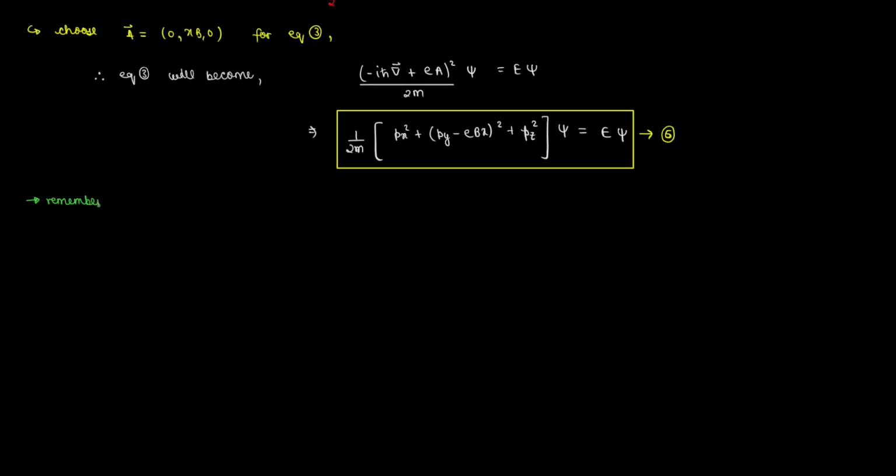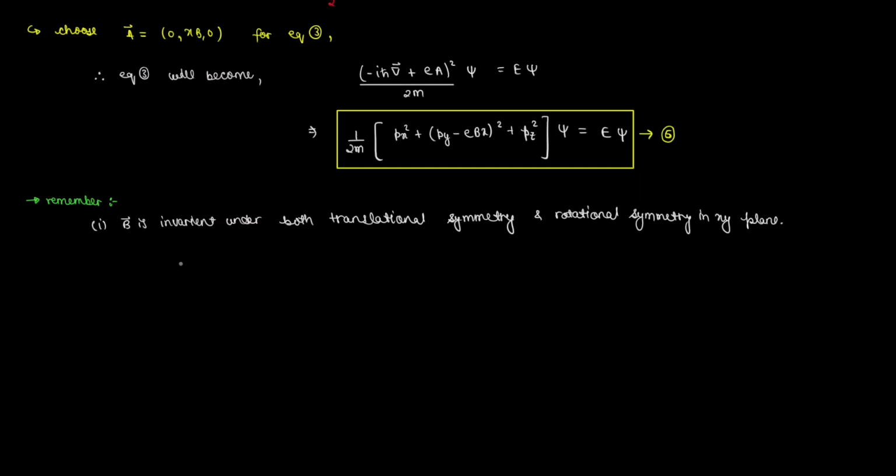Here you must remember that the magnetic field is invariant under both translational and rotational symmetry in the xy plane. But the vector potential breaks the translational symmetry in x direction.